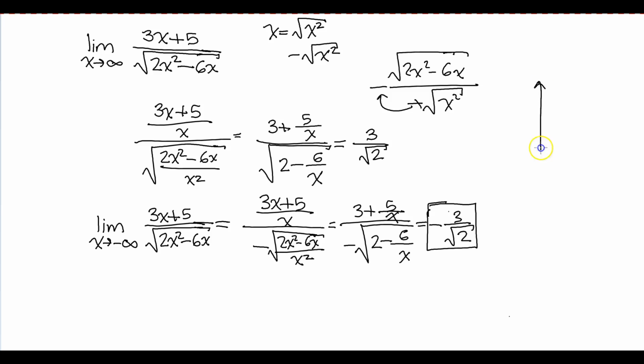One will approach negative infinity, and this will approach infinity. And what's useful about limits at infinity is that you can use them to find horizontal asymptotes, which will be a useful feature as we go later on in this course.